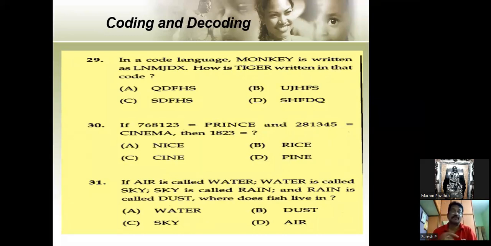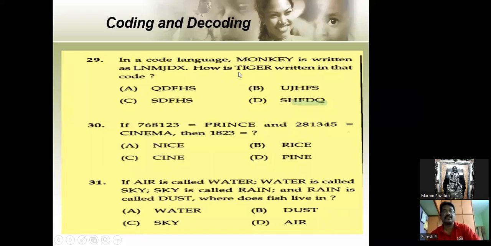N is the previous one, M is the previous one, K, M is the previous one. G, D is the previous one. Y is next, X is the previous. You have to write the previous letters here.